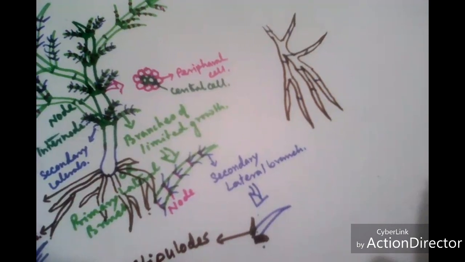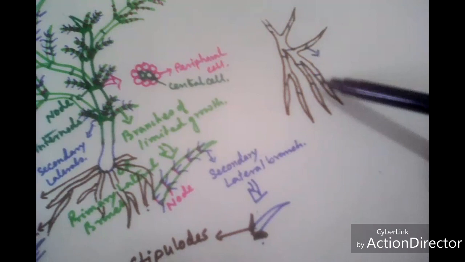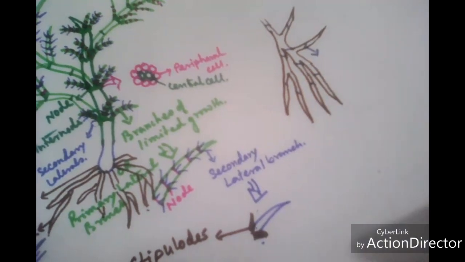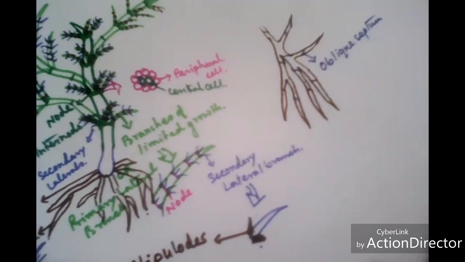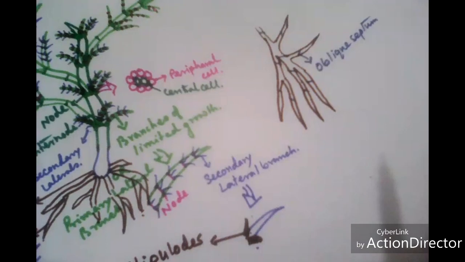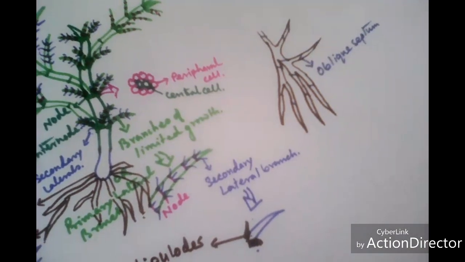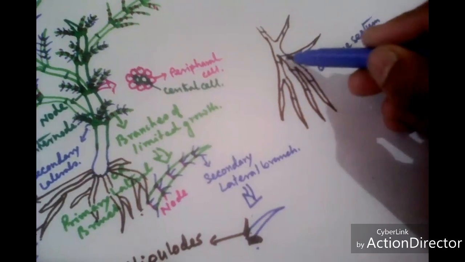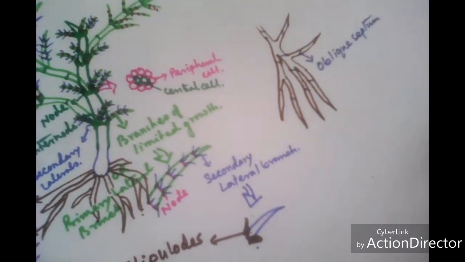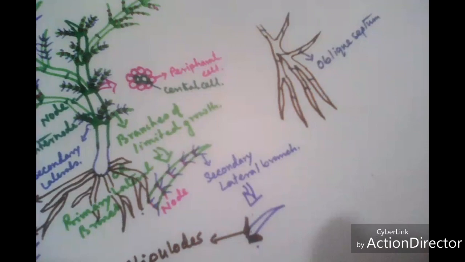So, these are oblique septa. Rhizoids are multicellular and uniseriate. So, multicellular means many cells present in a single row.